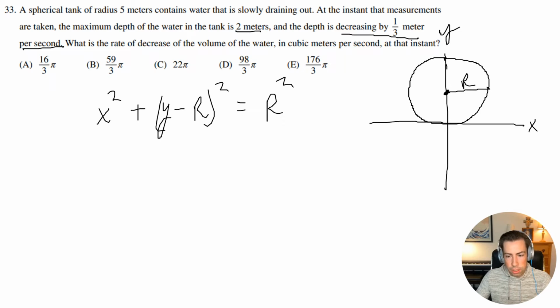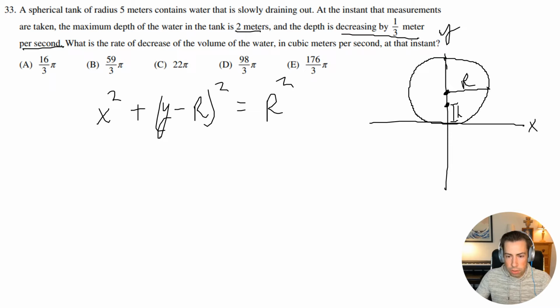Now the key here is to define my variables in a way that's meaningful to me. For any change in y that we have, I'm going to say that is equal to lowercase h.